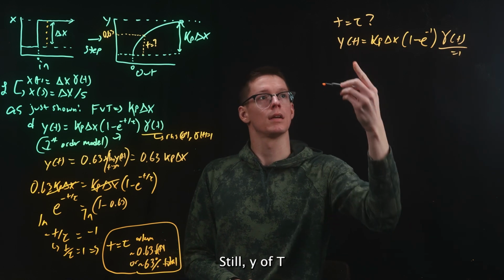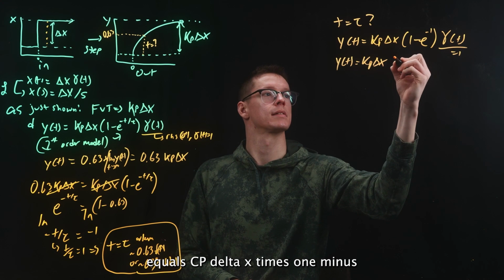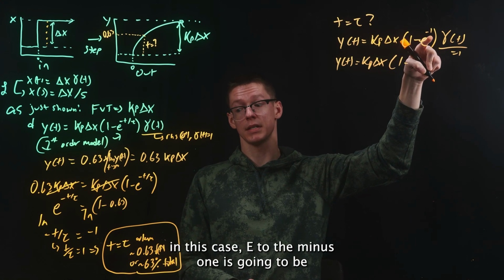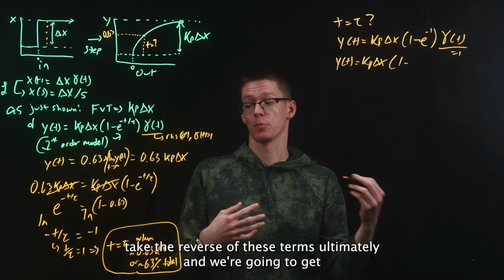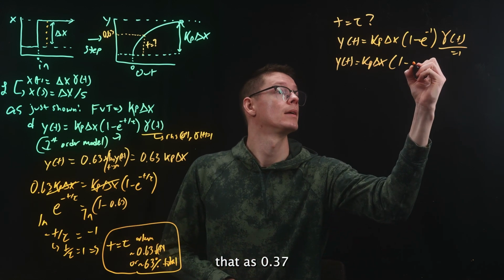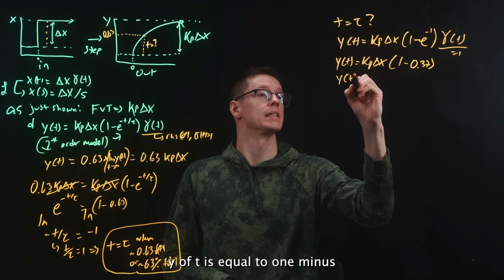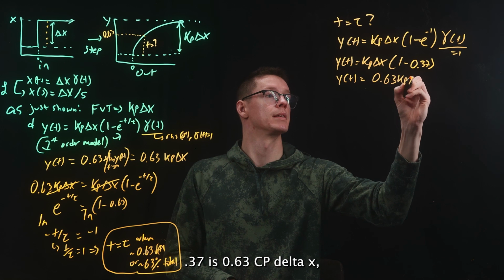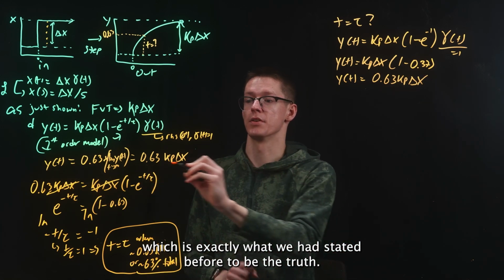So y of t equals Kp delta x times 1 minus e to the minus 1, which is 0.37. Y of t is equal to 1 minus 0.37, which is 0.63 Kp delta x, exactly what we had stated before to be the truth.